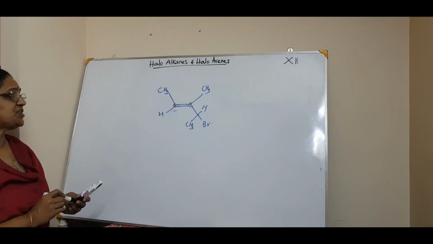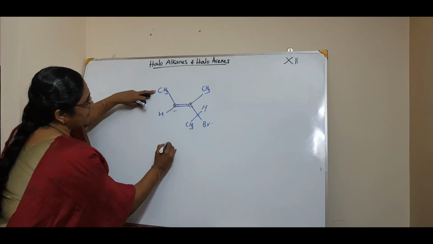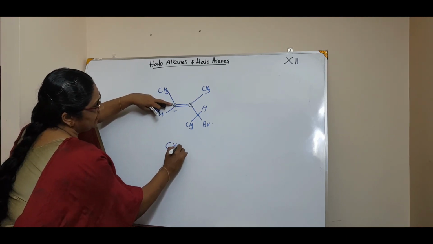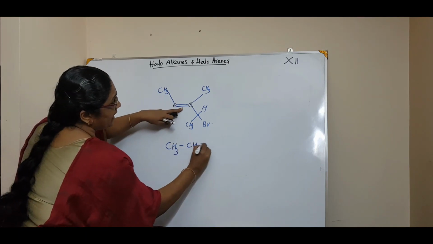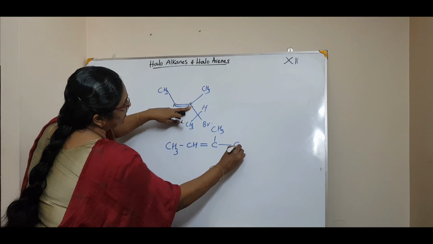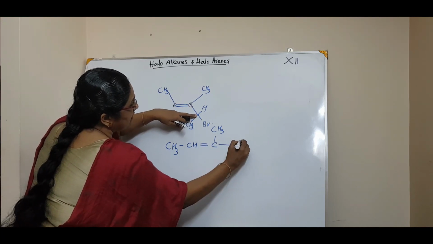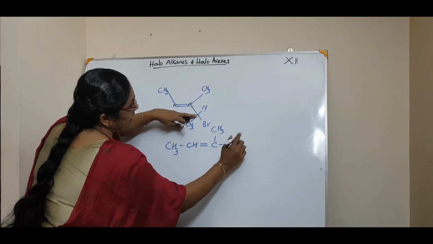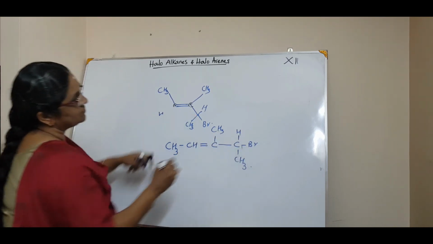Now how will you stretch it? First beginning from here, it is CH3, then CH, double bond C, CH3, correct? Am I right? This is the C where I am writing, then C, I will write like this, H, Br and CH3. See?